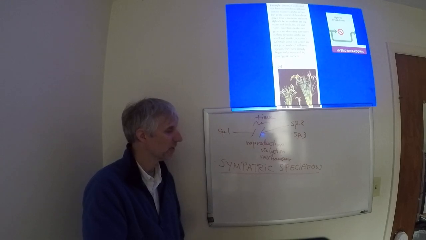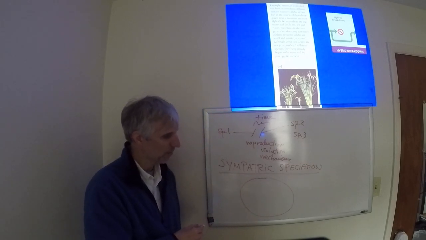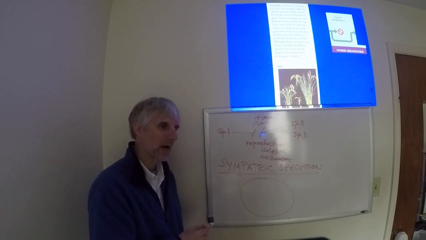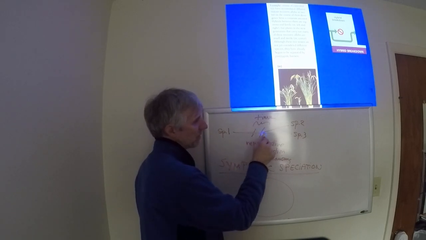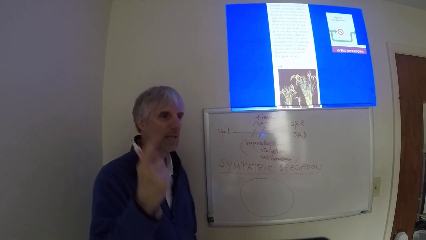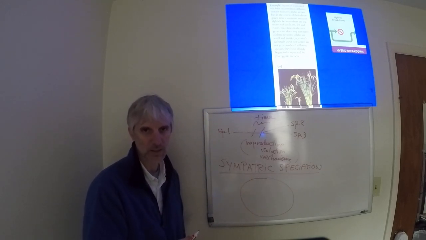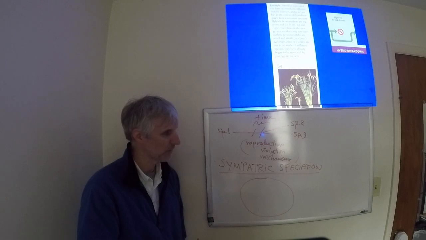So what we need to do is somehow take a population and do something to it where instead of needing all of this time to pass with all of this stuff, instantaneously we have a new species. And something is going to happen in an instant that leads to the production of a new species.